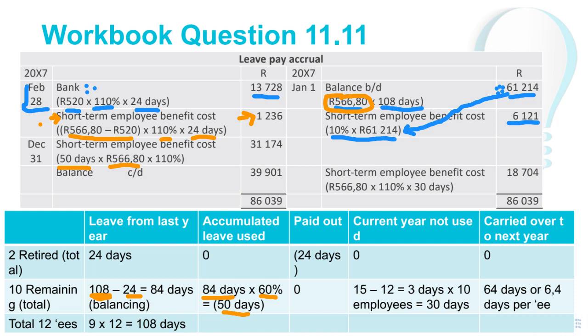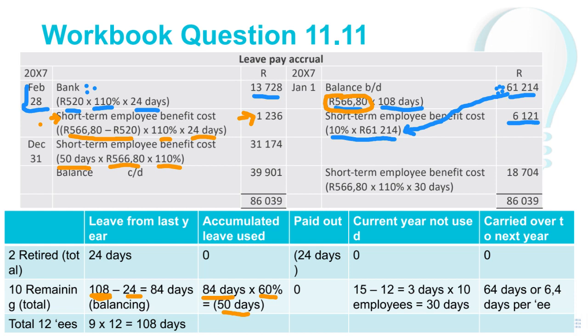Why 566? 566 is cost to company, and the days had been used or taken. And remember our rule, when something is used or taken, we use cost to company. And we need to increase it because it's still the prior year amount.